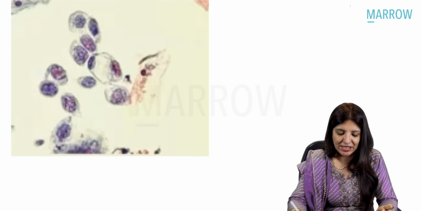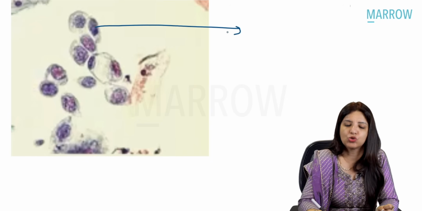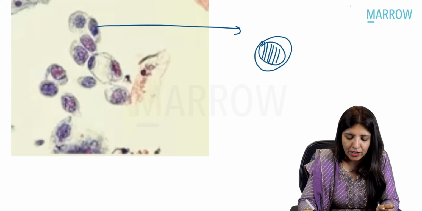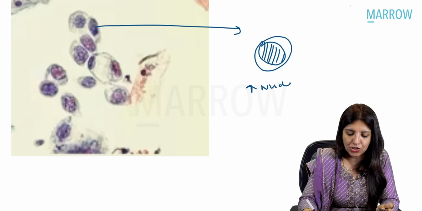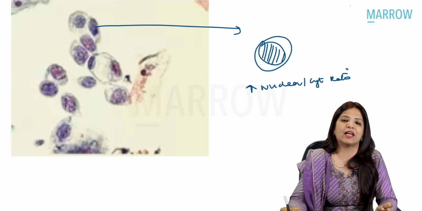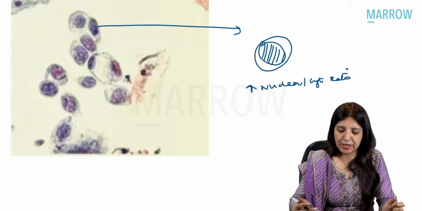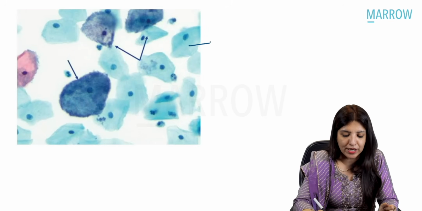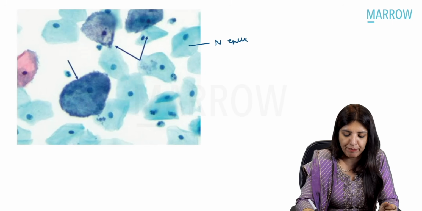Right. Dysplastic cell. This is how a dysplastic cell is going to look like. A dysplastic cell is going to have a big nucleus. There will be increased nuclear to cytoplasmic ratio. Right? That is what a dysplastic cell looks like. Then coming to this over here, see, these are the normal epithelial cells.